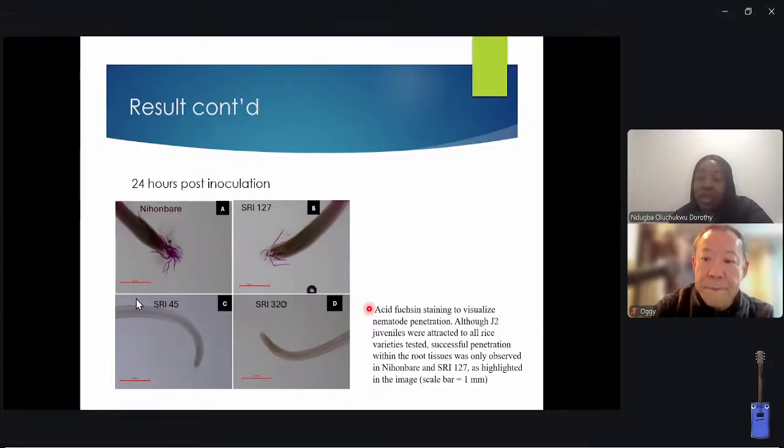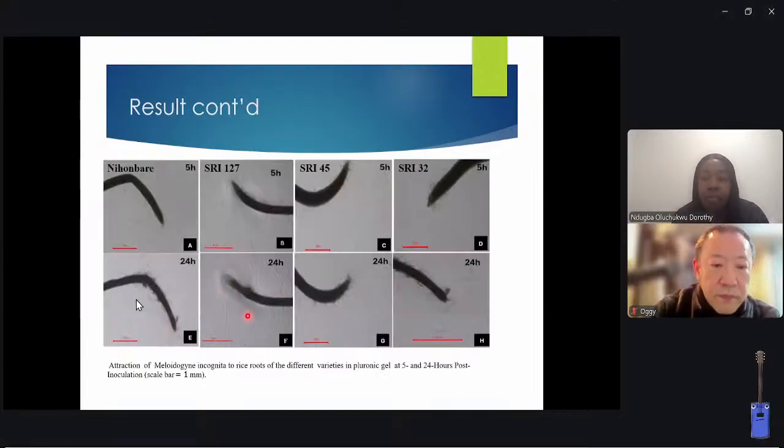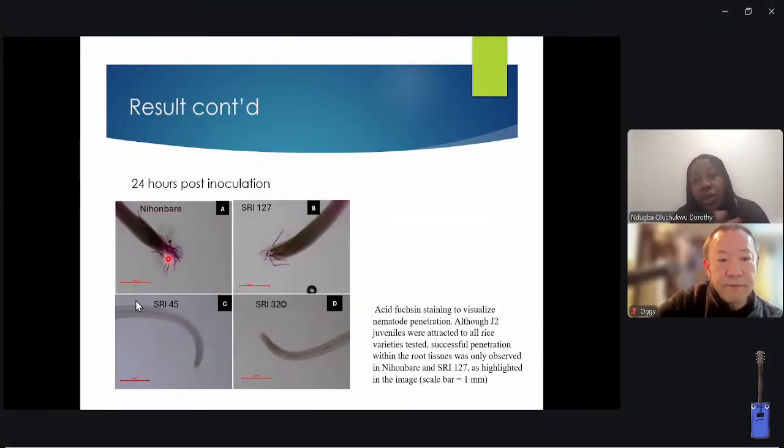In the previous picture I showed, you can't tell if there was a penetration, though you know there was a gathering of nematodes on the root tips. But when we use the acid fuchsin, it shows that there was penetration in these root tips.